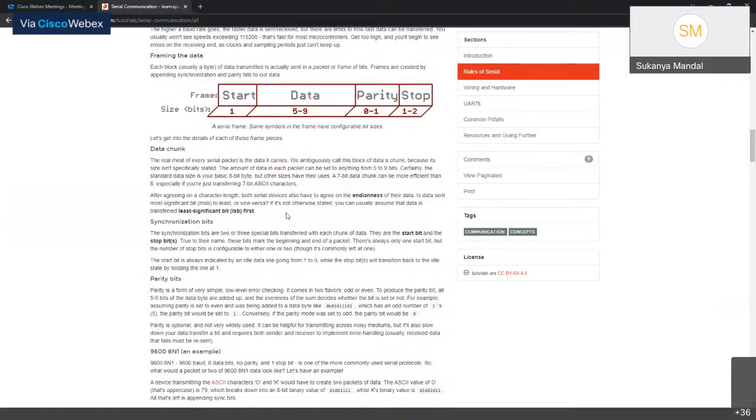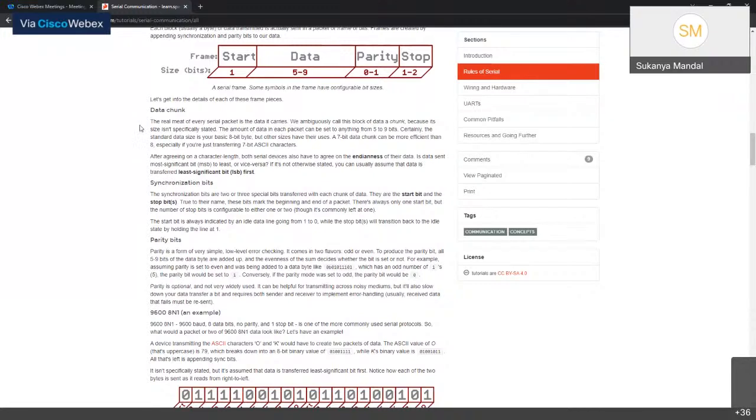So again, to understand this, let's get a little more in depth. The data chunk. The real deal of every serial packet is the data it carries, because we are doing this kind of communication for data transfer and nothing else. And then we ambiguously also call this block of data a chunk, because its size isn't specifically stated.